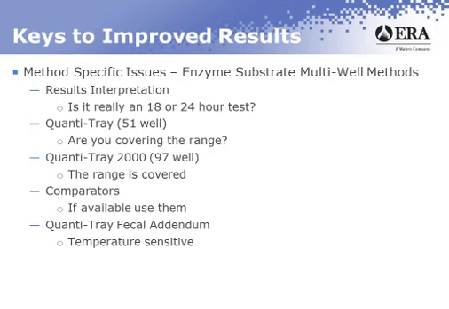Another issue that I wanted to cover related to enzyme substrate methods has to do with Quanti-Tray, and they now have what they refer to as a fecal addendum, where you can use Colilert-18 in combination with a Quanti-Tray and incubate it at 44.5 degrees C for the determination of fecal coliforms.